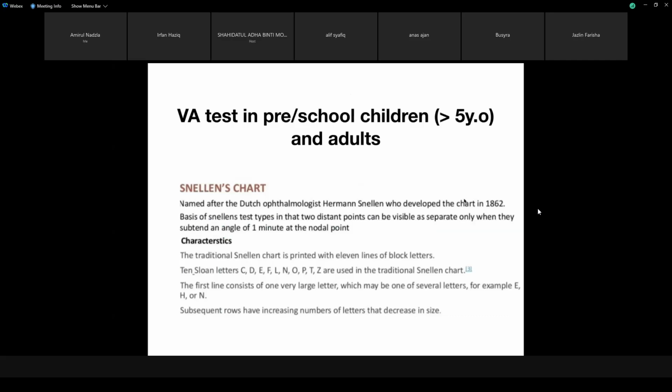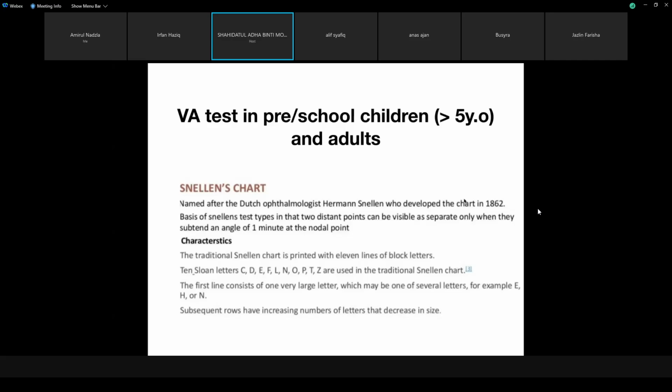So for the standard visual acuity test in preschool or school-going children aged more than 5 years old and adults, we will use the standard Snellen chart. This is very easy to remember for you guys to know, we use the Snellen chart. This Snellen chart was developed a long time ago, since 1862.